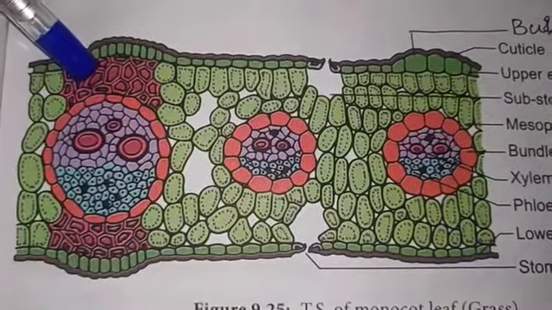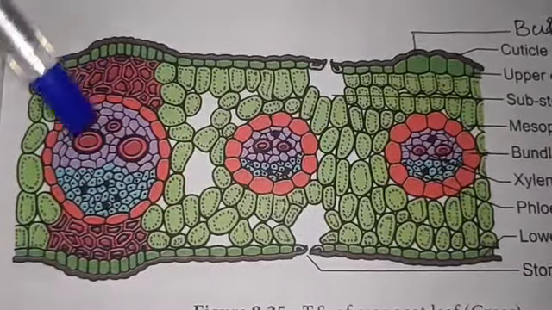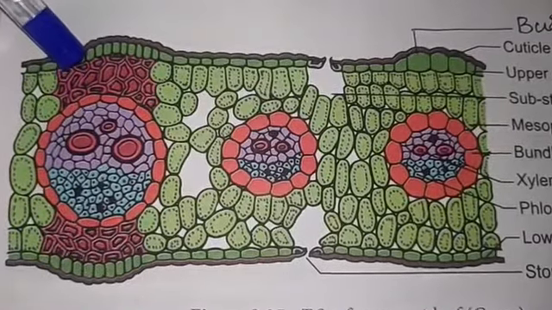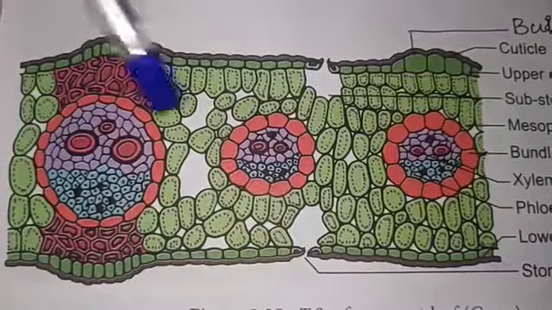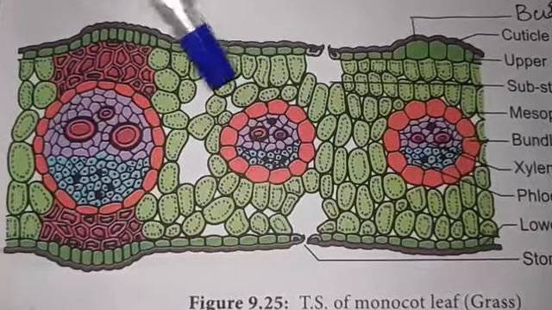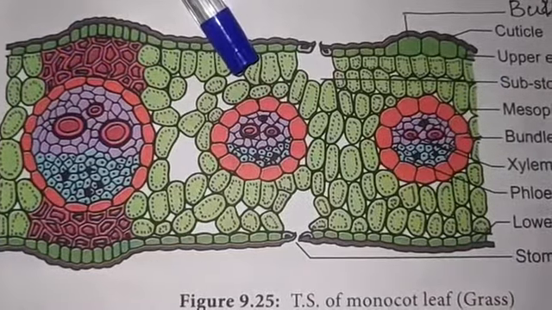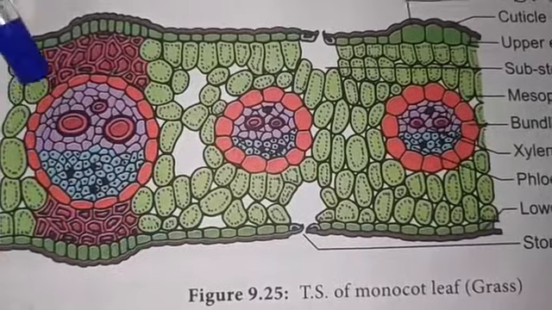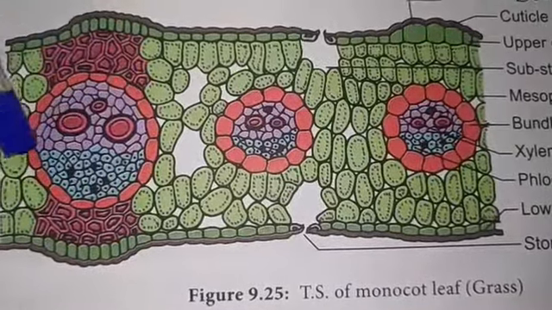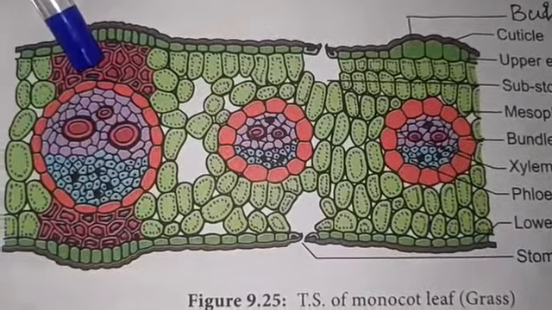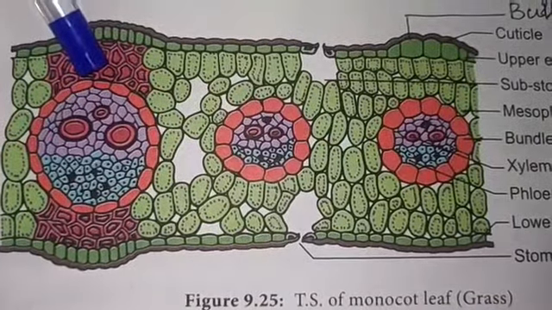So the sclerenchymatous patches are present in the monocot leaf only in the larger vascular bundles, whereas the smaller vascular bundles do not possess the sclerenchymatous patches. Both the vascular bundles are surrounded by parenchymatous tissue. They are called bundle sheath cells or bordered parenchyma.